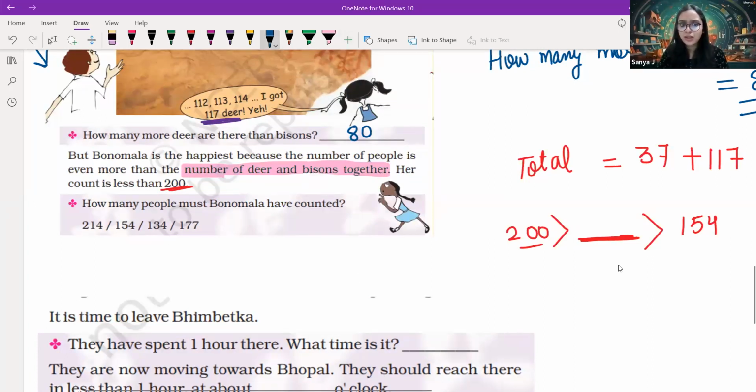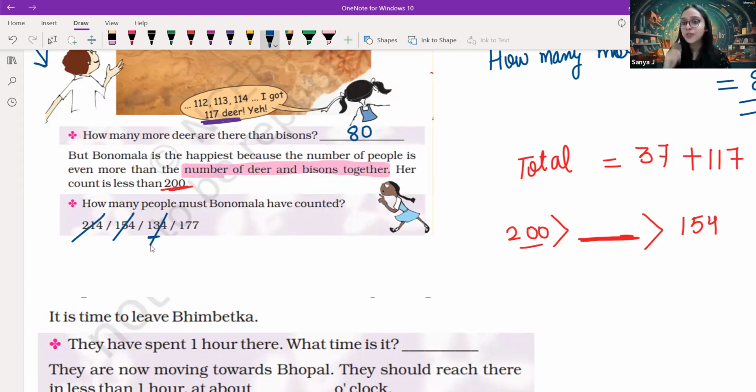The number is less than 200, so it can't be 214. The number is more than 154, so it can't be 154. And 134 is less than 154, so it can't be 134 either.